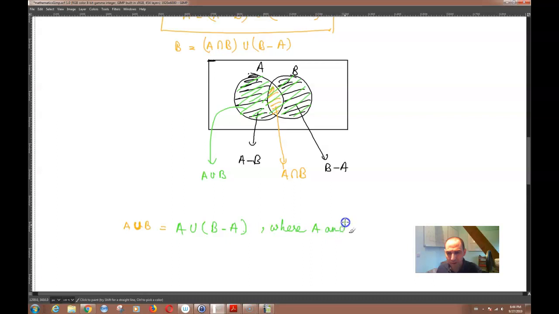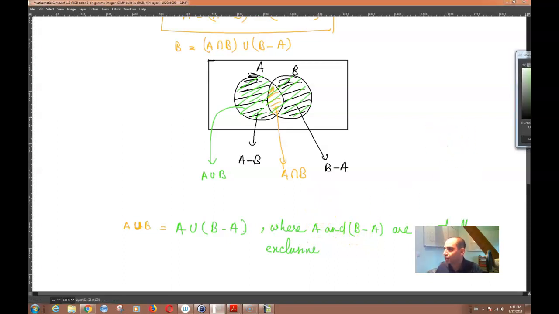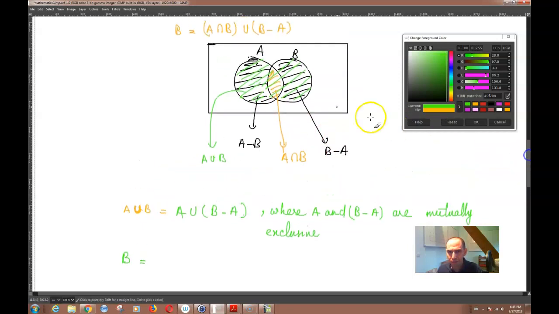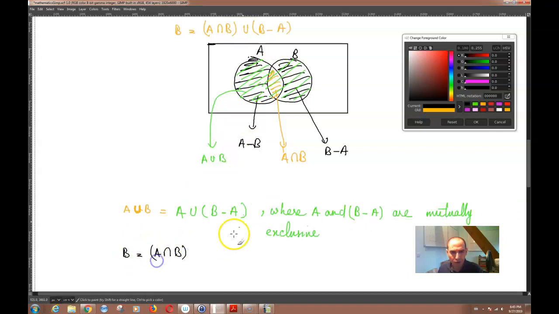And B, you can write B is equal to A intersection B, which is basically this part over here, union with B minus A. So you can write B is equal to A intersection B union with B minus A, right?